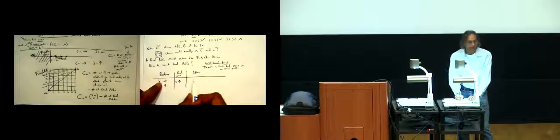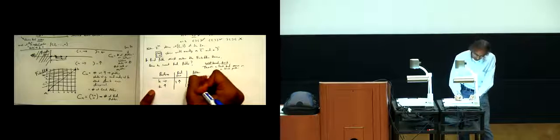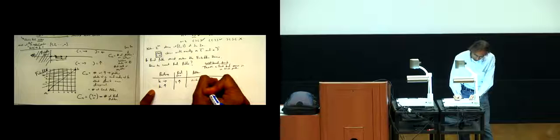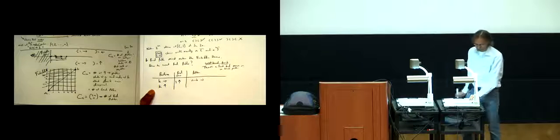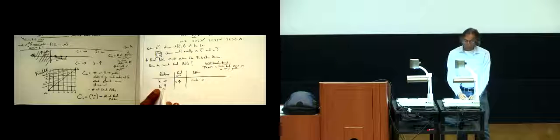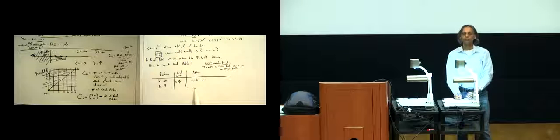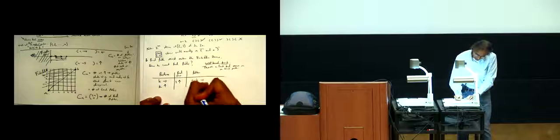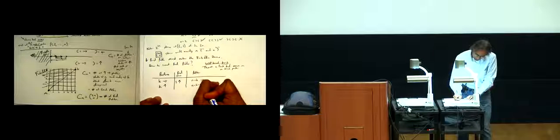How many rights does it have to make after? N minus K. It has N ups to make. It made K ups at this point, and it made one more up. So how many ups does it have to make? N minus K minus 1 ups.